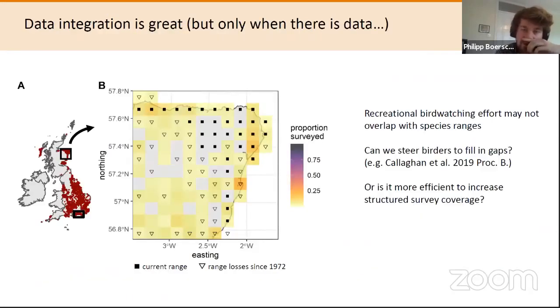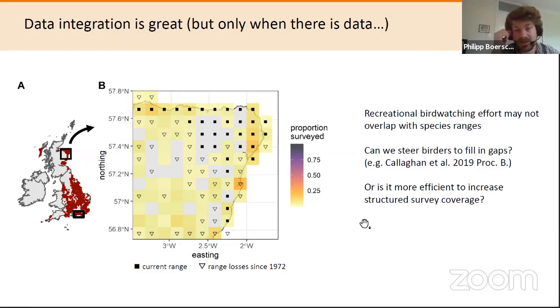And then the very last point, also to pick up what Thomas was saying, is the model is great, but only when you actually have data. And if you look at the same species, I was talking about the corn bunting, but in the north of Scotland, then you can see that there aren't even any citizen science data in the range of the species. So we have nothing to learn from integration when there is no data.